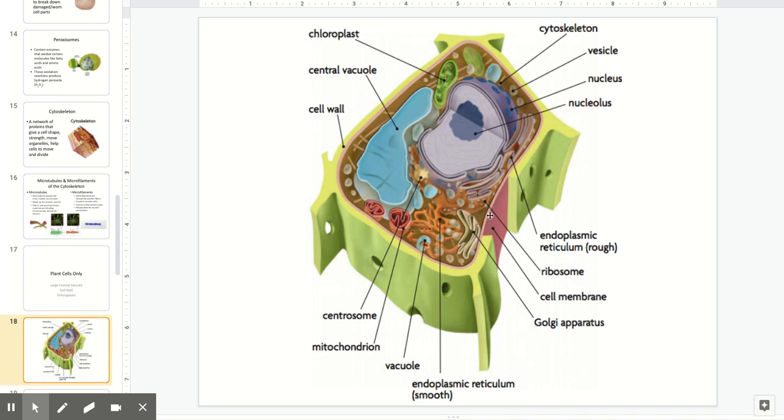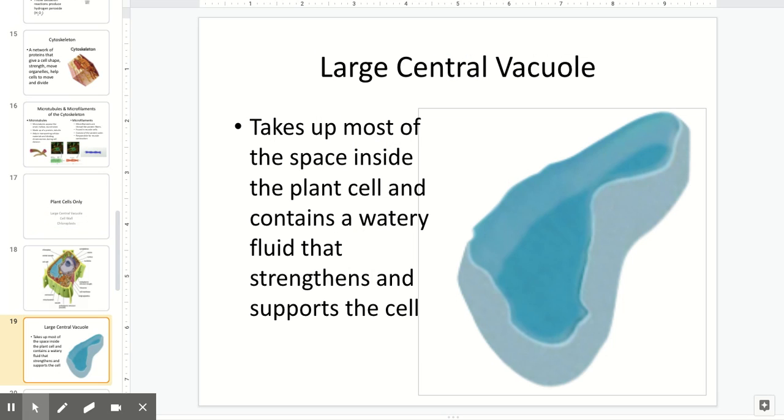You can see the cell membrane is pink, and then in green around the outside, this is the cell wall. In plants, the vacuole contains mostly water, and it's what's responsible for helping a plant hold its shape. If you've ever seen a plant get wilty, it's because it's running out of water, and the leaves wilt because their vacuole is no longer filled with water, so the leaf is not quite as perky.